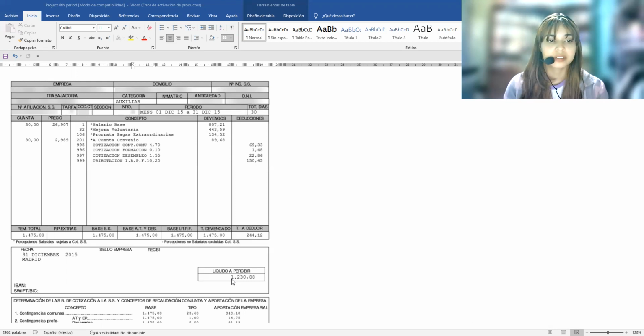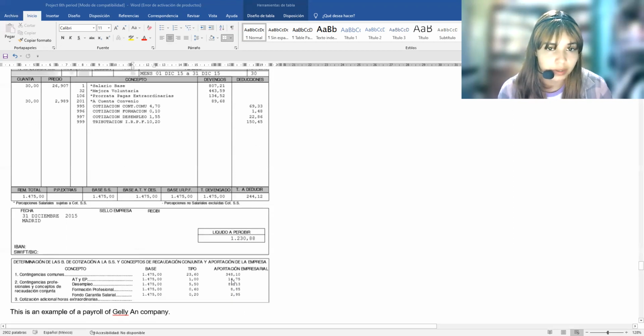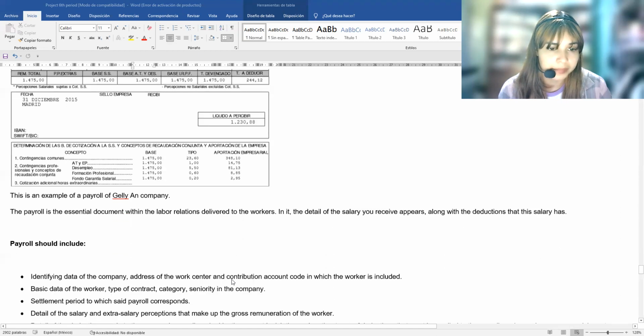Well, it is because the company has to take some percentage of the total amount to cover some benefits of the company and the worker. So, this is an example of a payroll of Jolly and Company.